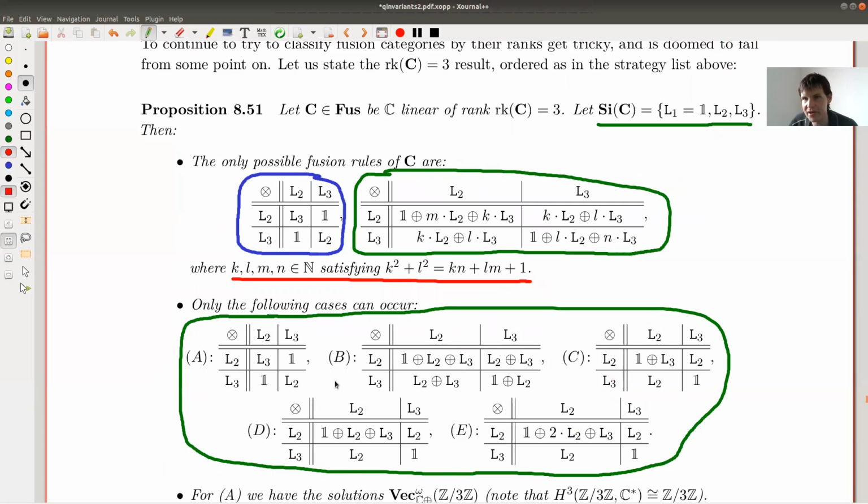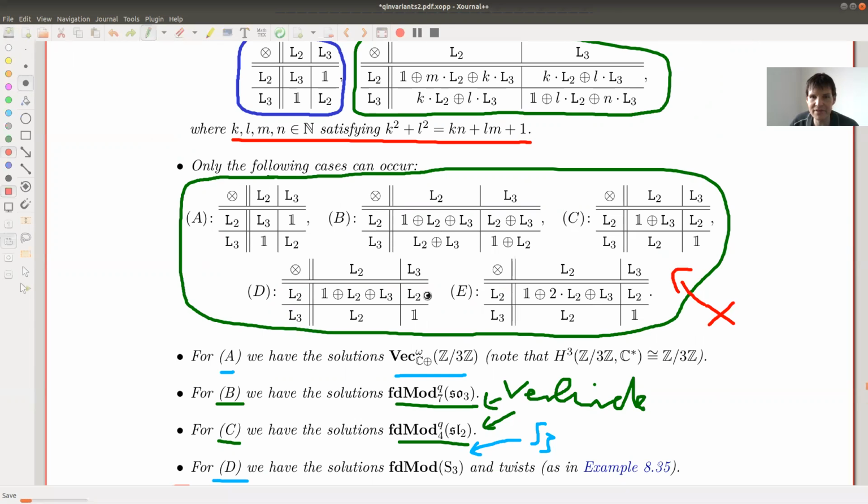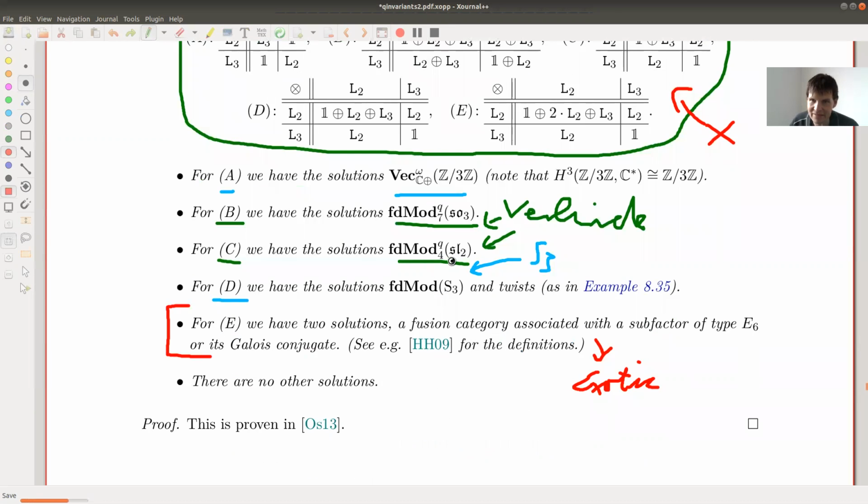Proofs of these things are really, really hard, because what you need to do is you first need to write down basically those tables here, and then you need to find the categories. And finding the categories isn't all that bad, because those examples are usually easy.